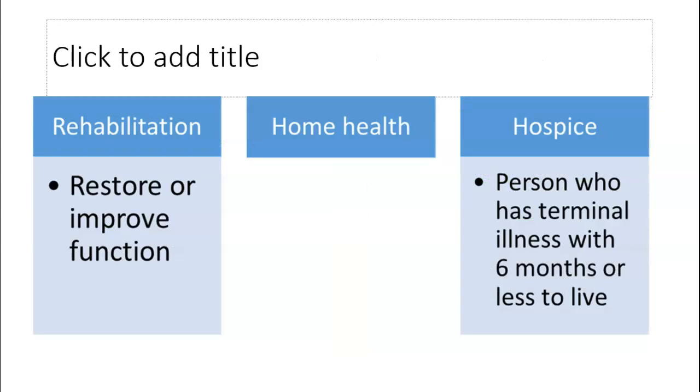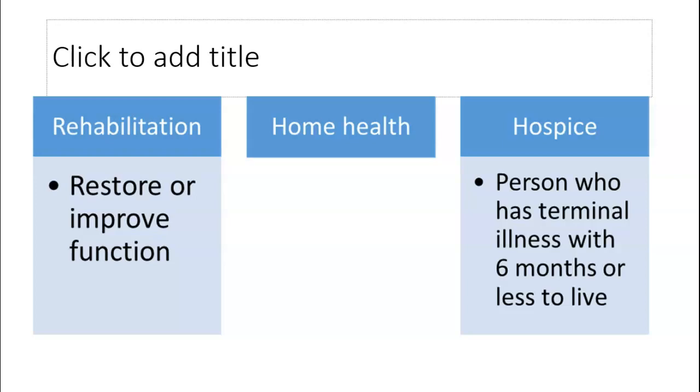Then you have rehabilitation, and the goal of rehabilitation is to restore or improve function. So there's a rehabilitation unit within the nursing home where we do our clinicals at. And so when they leave the hospital, they go there. There are some rehabilitation areas within the hospital that you may stay in for a while if you were needing rehabilitation.